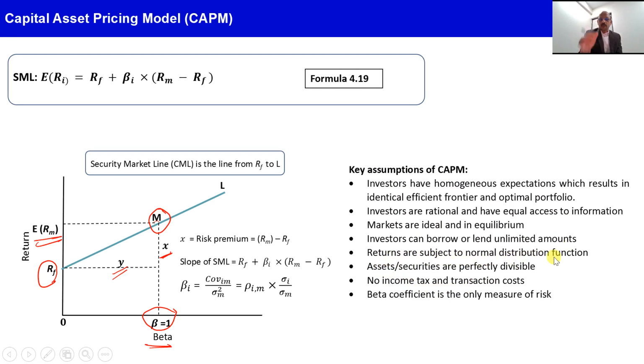I will explain the concept of the normal distribution curve in a separate video. The asset securities are perfectly divisible, which means you can buy or sell the asset in any combination, and there are no income taxes and no transaction costs at all. And beta is the only measure of risk. So these are all key assumptions on which CAPM works.